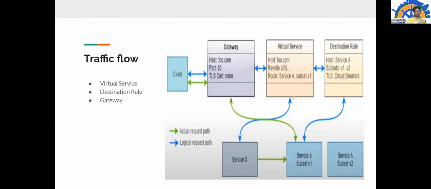Virtual service is an abstraction which decouples the actual service name from the actual service which is going to get connected with it. Because your services, as you move, pods are ephemeral in nature.